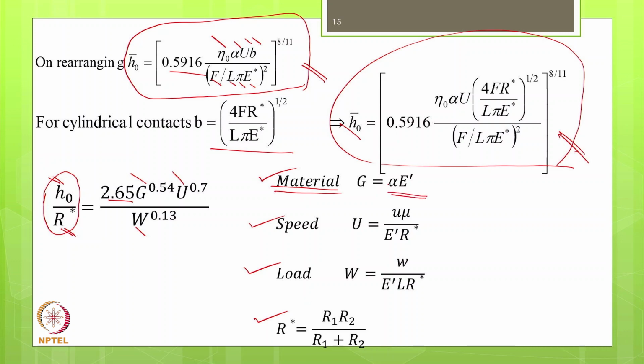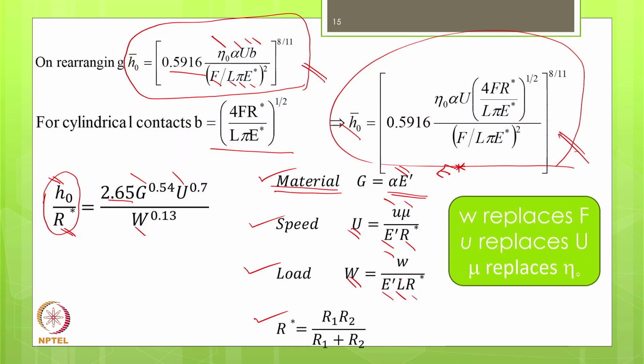It is alpha, the piezo viscous coefficient, into the effective Young's modulus. Sometimes people use E star and sometimes they write E prime. Similarly, the speed parameter involves the velocity, the viscosity, again the effective Young's modulus, and R star. The W parameter involves the applied load, E prime, L and R star.